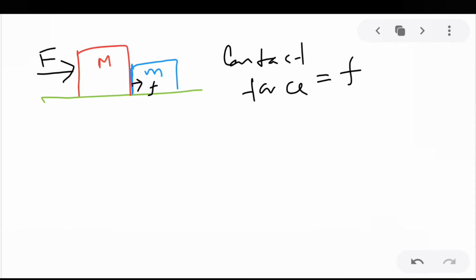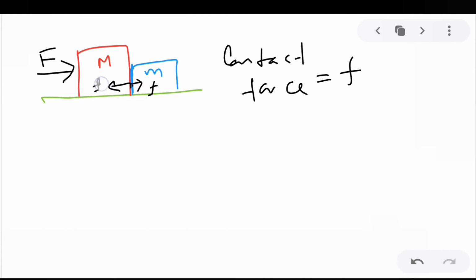This is the force exerted on small m by capital M. Because of this contact force, the block of mass small m will also exert a force on mass capital M, which will be the same force but in the opposite direction.